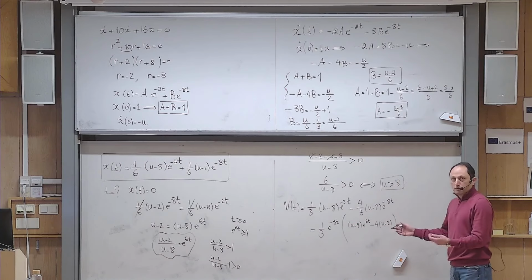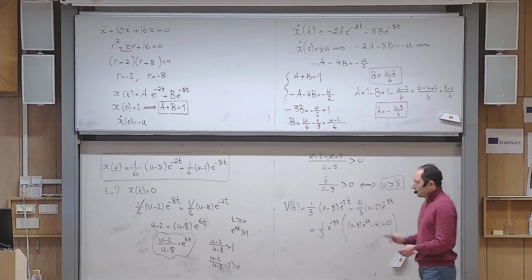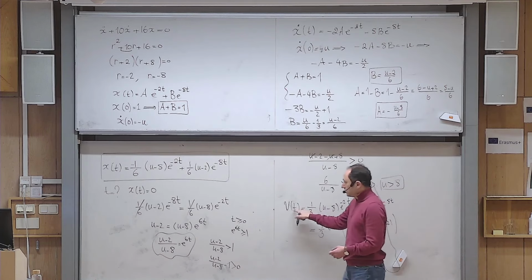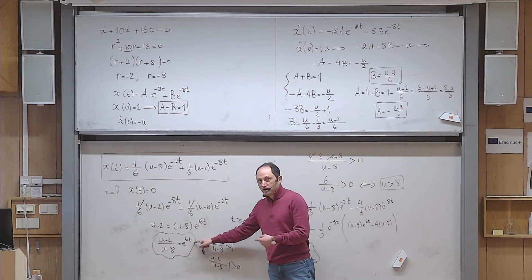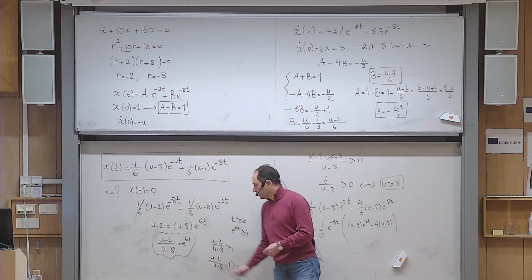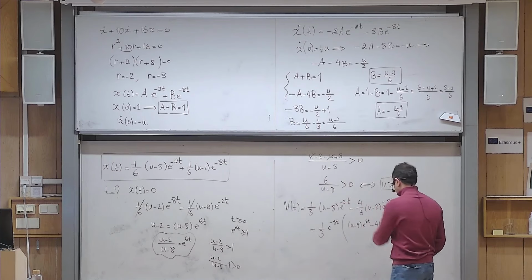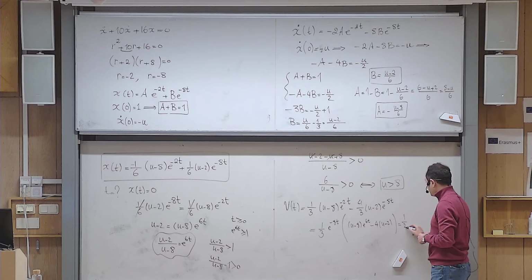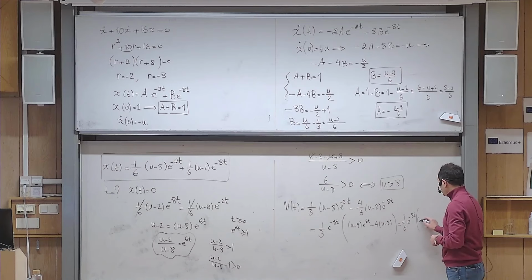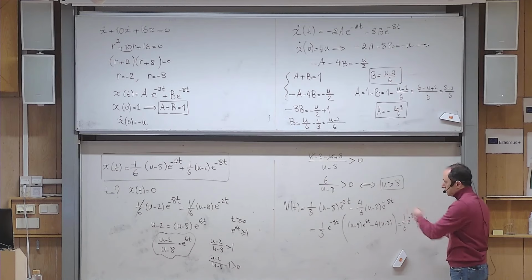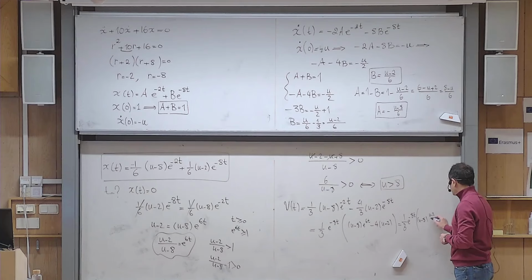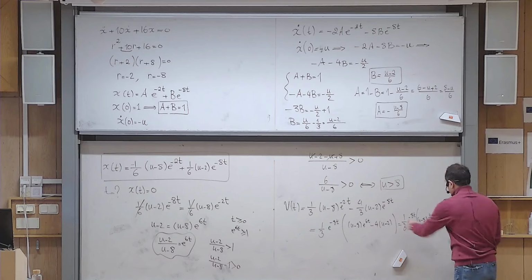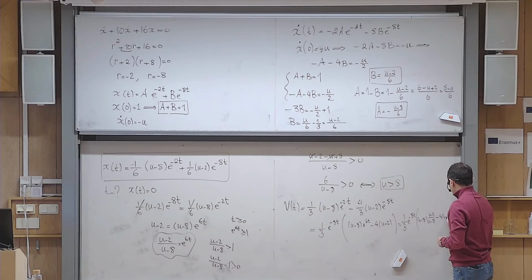This is the general form of the velocity as a function of time, but I am interested to know the velocity exactly at that time t so that it fits this equation. So it means that instead of e to the power 6t, I can use that expression. So it becomes 1 over 3 e to the power minus 8t, and then I have u minus 8 multiplied by that expression, u minus 2 over u minus 8, and then minus 4 times u minus 2.